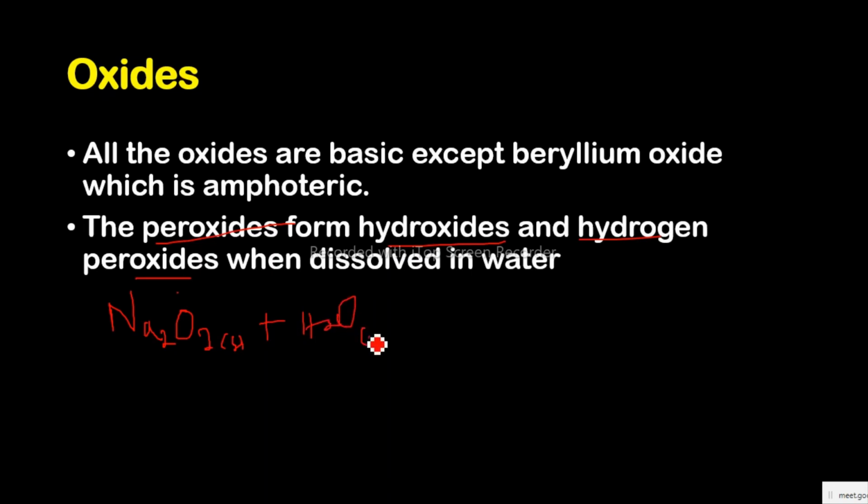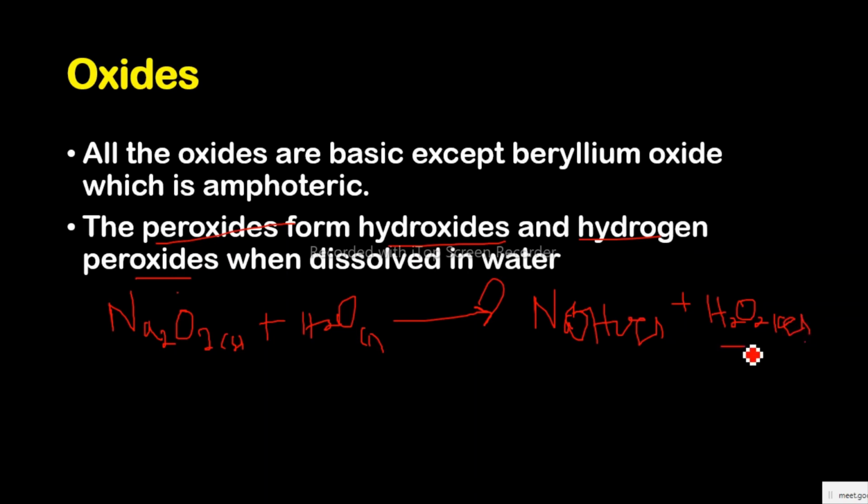You forgive me the symbols, but I'm writing with a keyboard and it is not easy. You form sodium hydroxide, aqueous, plus hydrogen peroxide, also aqueous. So it is as simple as this.